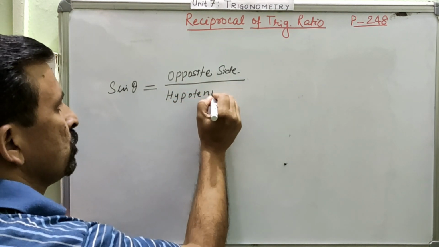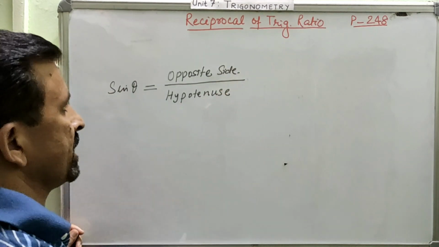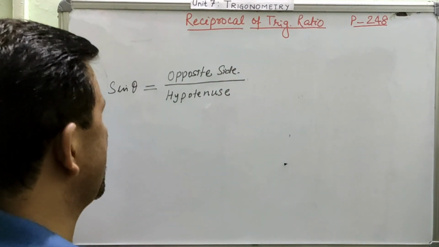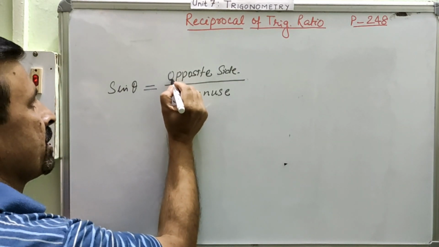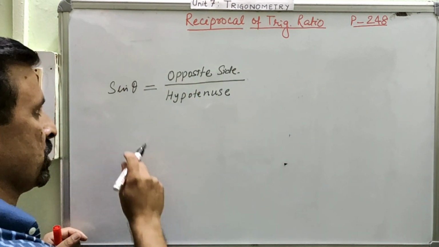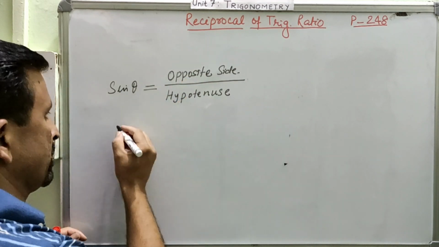By now you must be knowing it, and every time I repeat, it will help you to memorize or also to remember the three trigonometrical ratios. Sine theta is opposite side over hypotenuse.